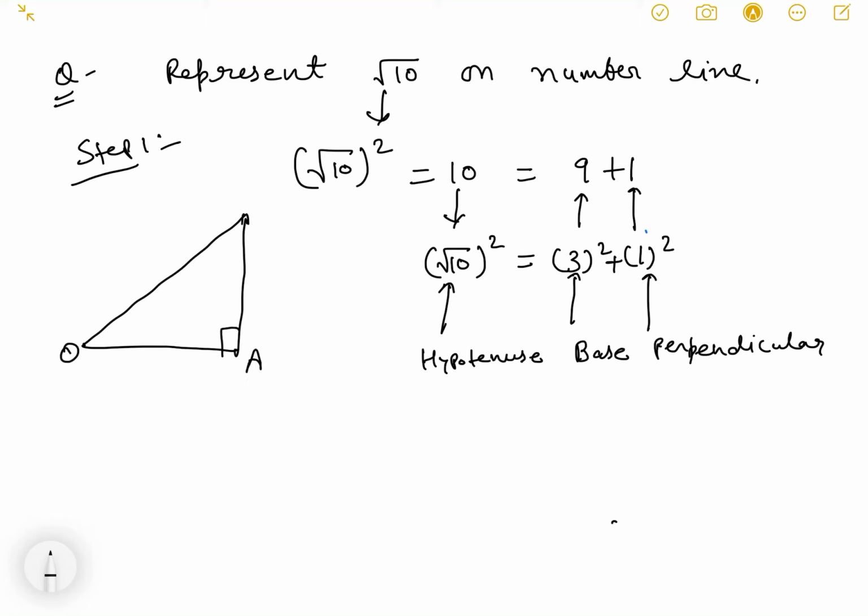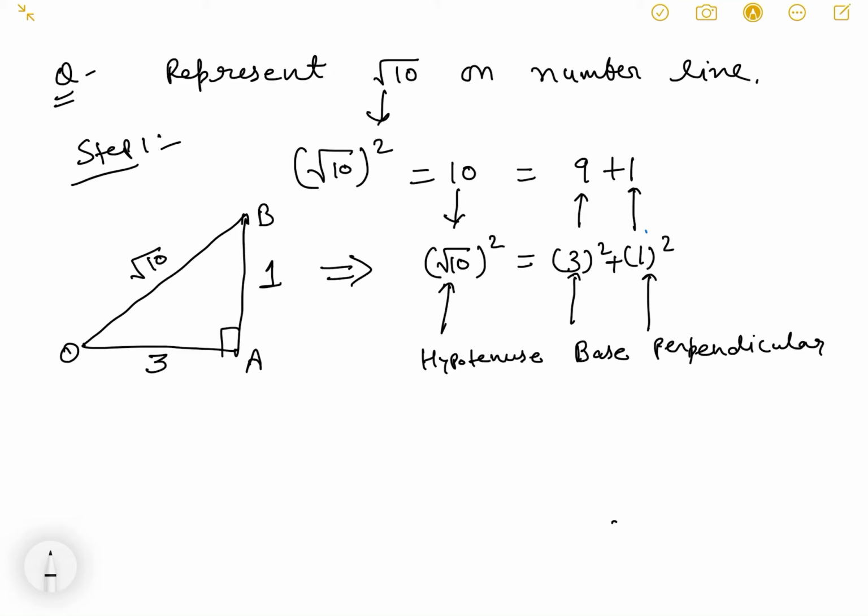We can name this triangle OAB, and this root 10 is our hypotenuse, and we have made a choice for the base, and its size is 3 and the perpendicular size is 1. So now this is the Pythagoras theorem for this right angle triangle.